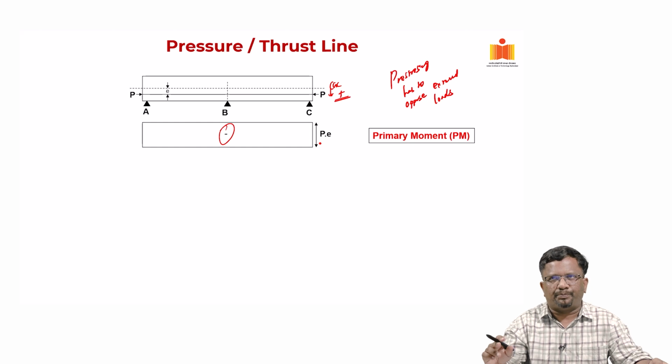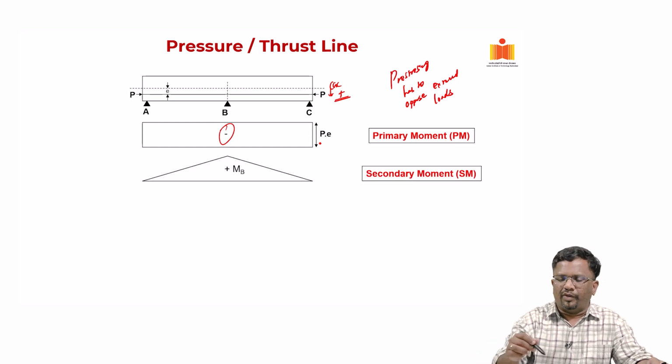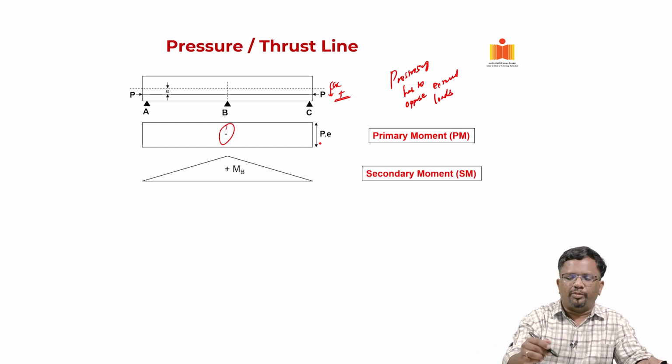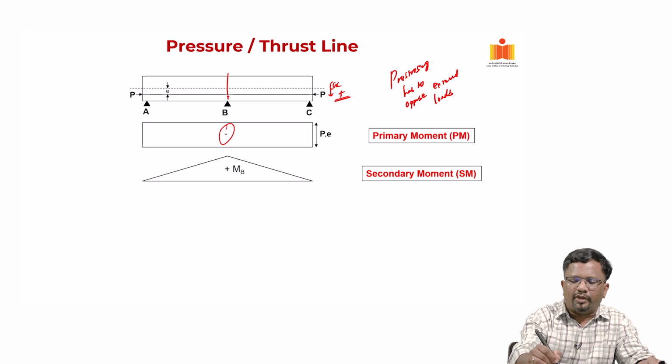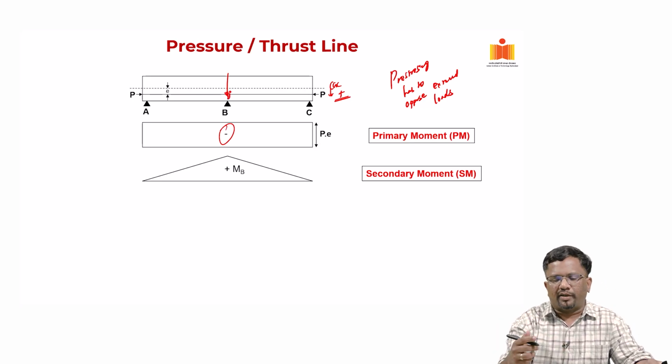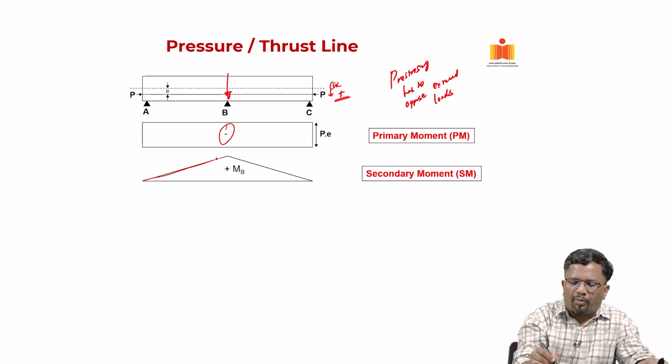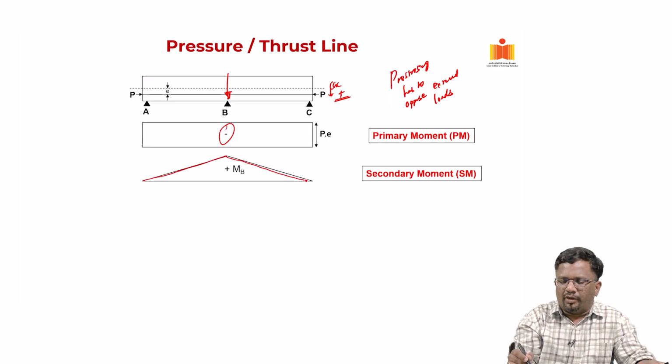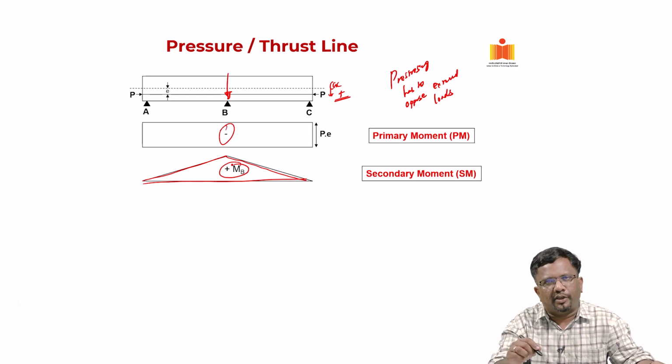both the spans. Now, we have seen in the previous example that there will be a reaction that will be developed that is going to push the beam downward like this, right. That reaction will create this positive bending moment like this, okay, which I am calling this as a plus MB.